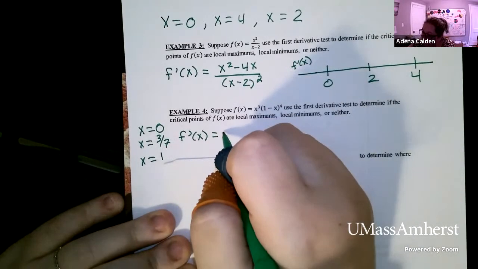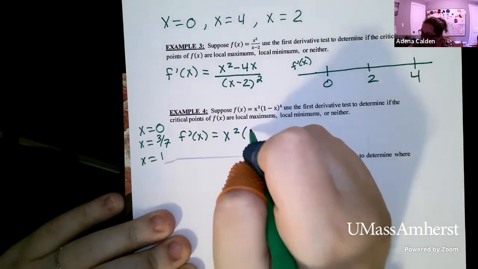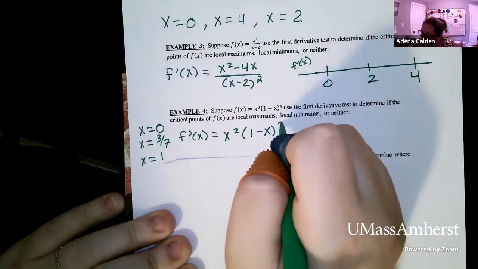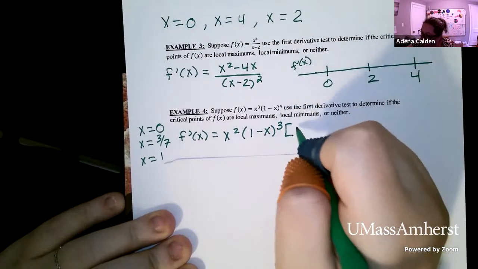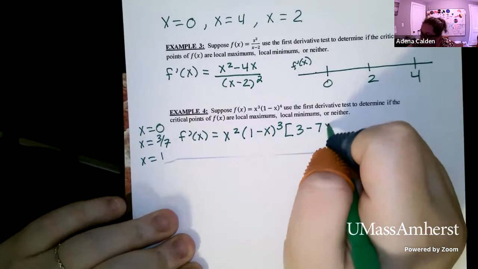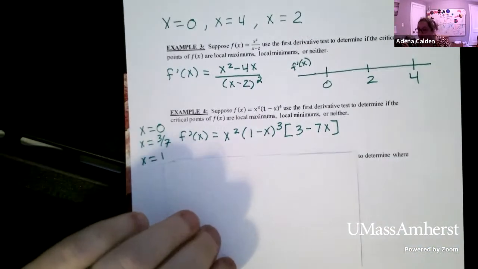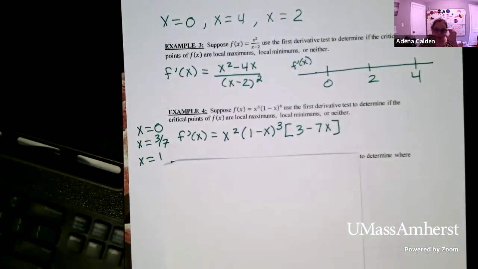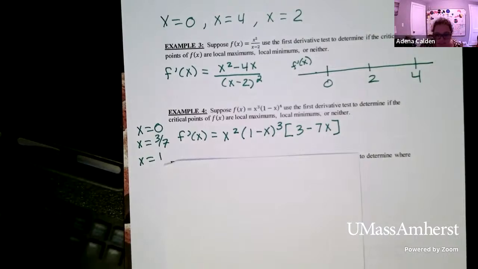The factored form of this was x squared, times 1 minus x cubed, times 3 minus 7x. We had to do the product rule to get the first derivative, and then we factored things out to see what would shake out. And that's what our factored first derivative looks like.